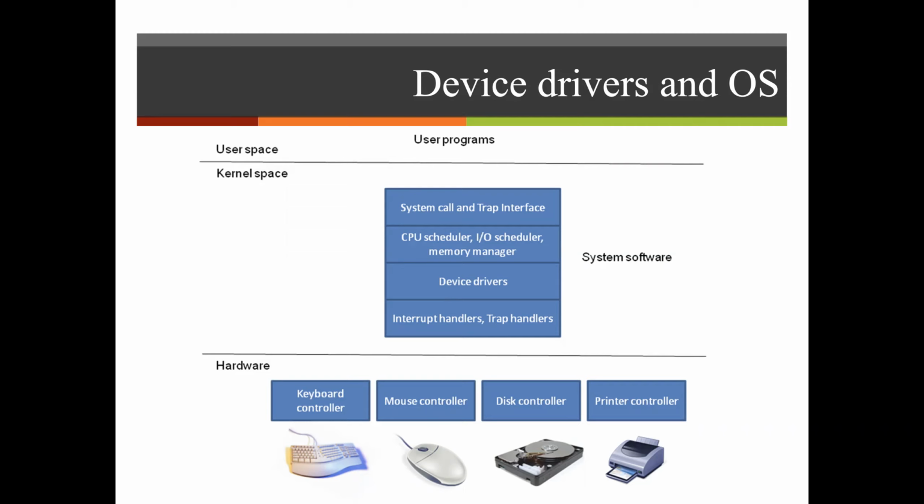So here we're able to see an overall system breakdown of the relationship between our device drivers and the rest of the operating system that can be utilized in system software. And you can see that we have our CPU scheduler, IO scheduler, system call and trap interface, as well as appropriate interrupt handlers and trap handlers too.